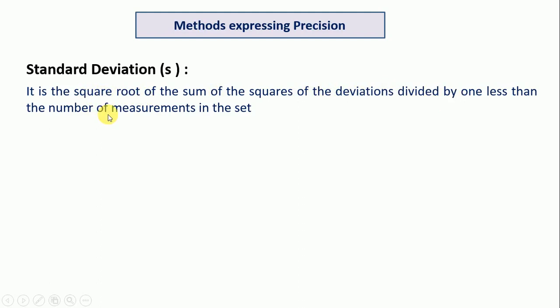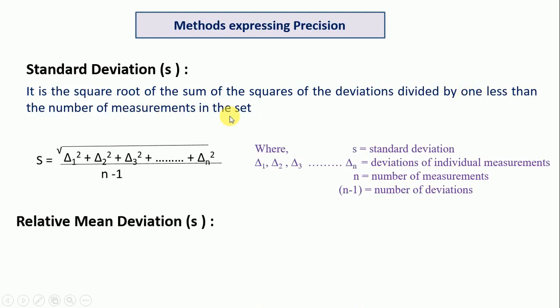See the formula. S is equal to the square root of delta 1 square plus delta 2 square plus delta 3 square plus and so on plus delta n square, divided by n minus 1.